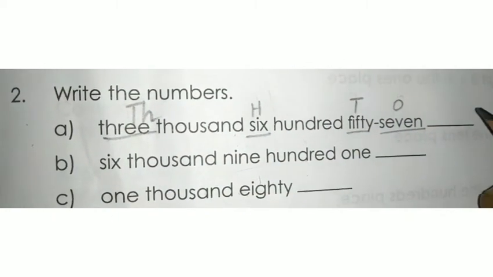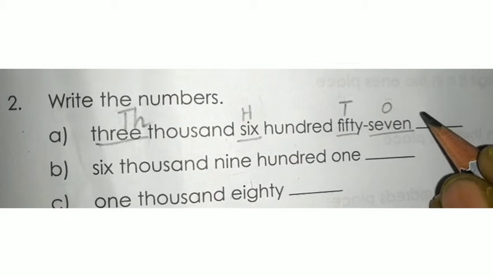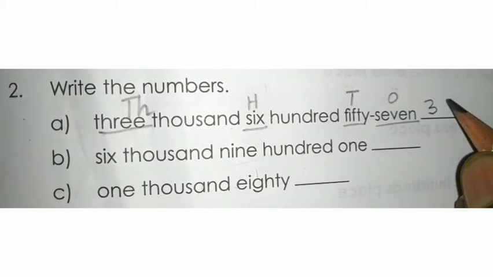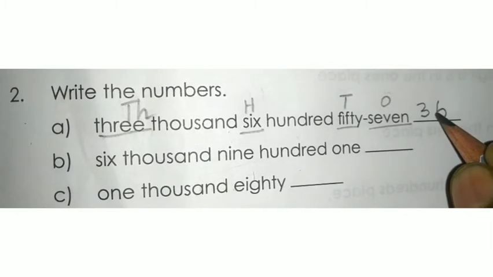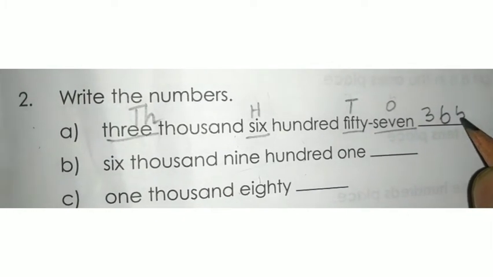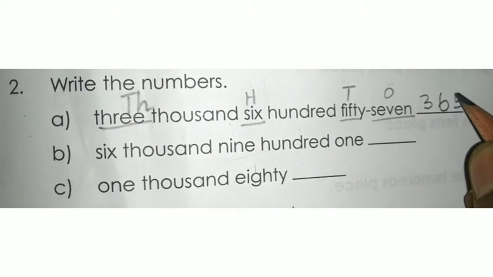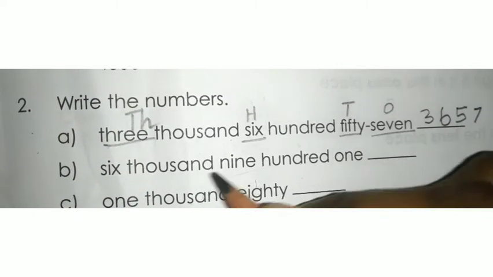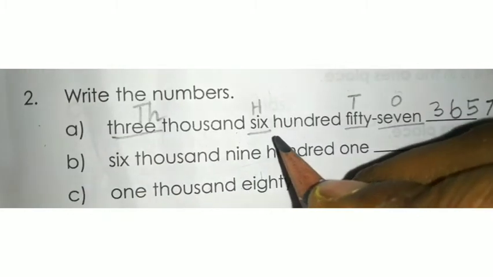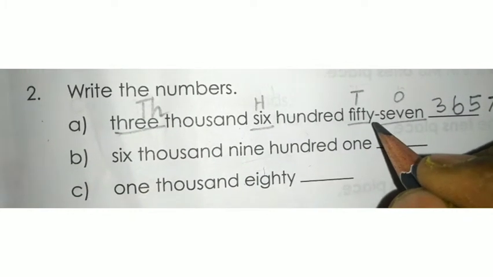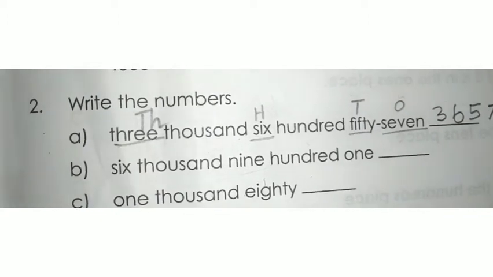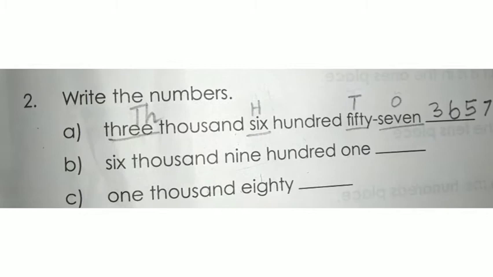Now in thousands place 3 is there, so you have to write the number here. 3657. In this order you have to write the number for the given number name.